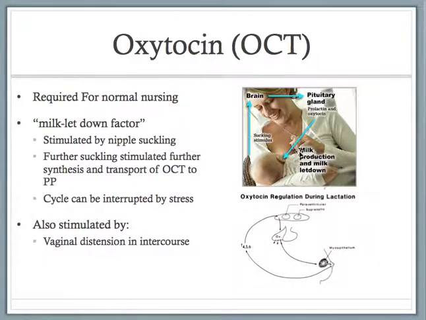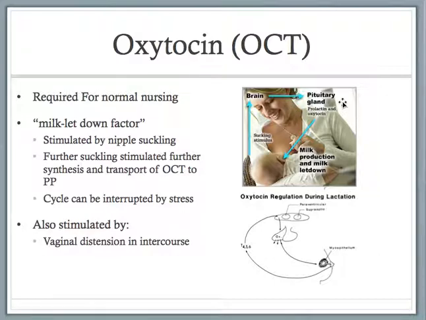So the milk is made by the cells in the breast, and when there is a suckling stimulus at the level of the nipple, that will stimulate the cells in the brain to make oxytocin. The oxytocin is going to be most important for causing contraction of the smooth muscles around the mammotrophic cells making milk, and then the milk will be moved into the duct, because this is a duct pathway. Milk doesn't travel through the bloodstream.